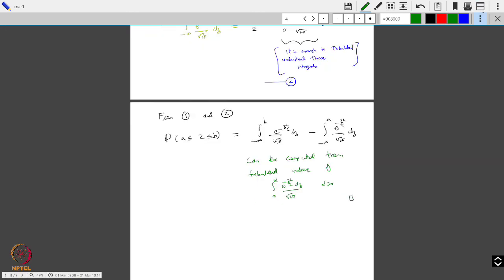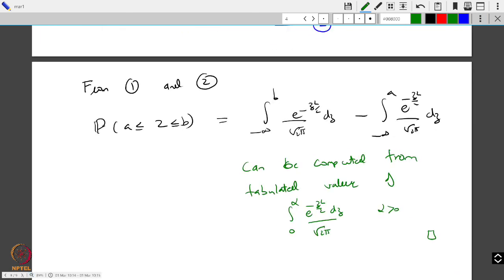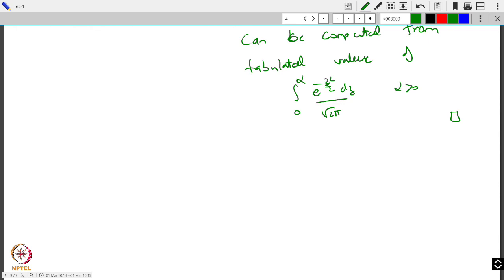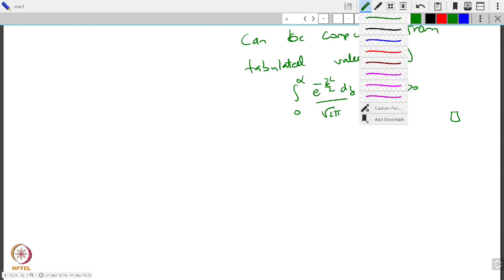So I'll close with one last observation. In general, the normal random variable comes with two other parameters. So here's the definition.